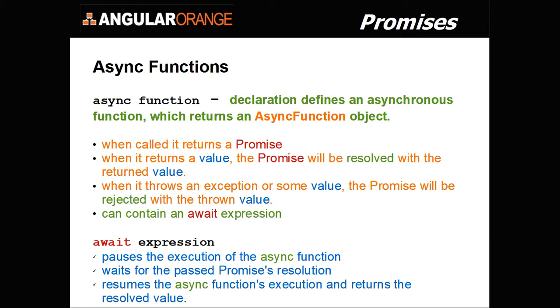It returns the resolved value. But typically, you'll have several await expressions where you're executing an async call, getting back the value, executing, getting back the value, and then you're finally resolving. So I kind of view it as a waterfall type of mechanism.